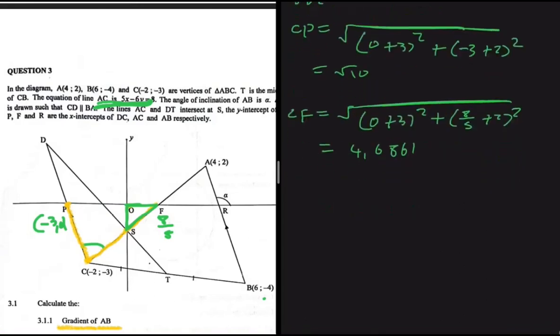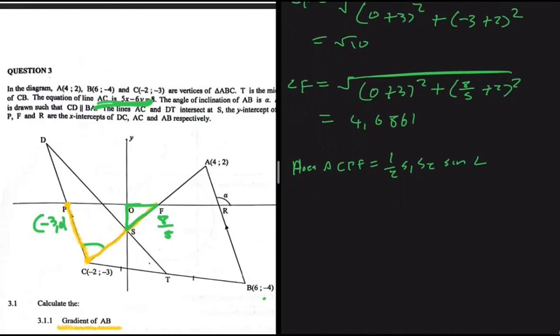So now we can say that the area of triangle CPF is equal to side 1 times side 2 times the sine of the angle the two sides sandwich, right? That will be angle DCA.